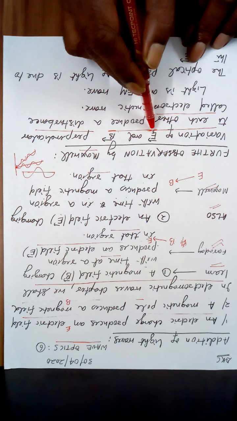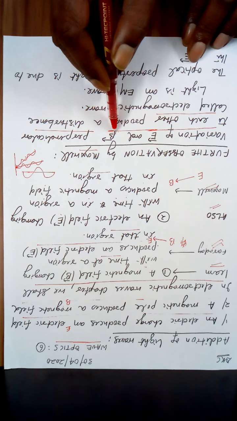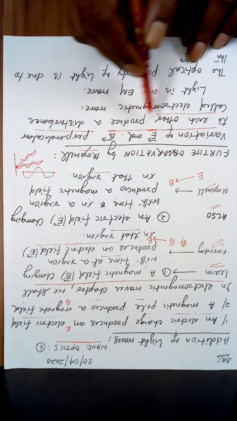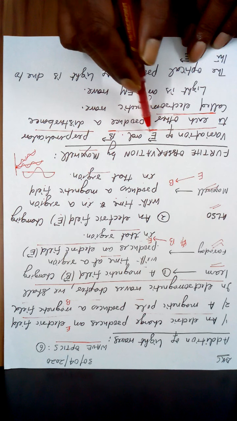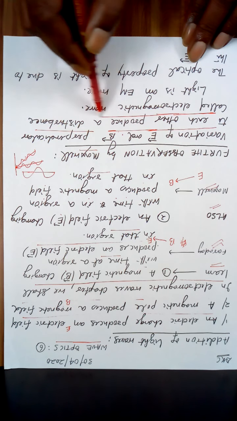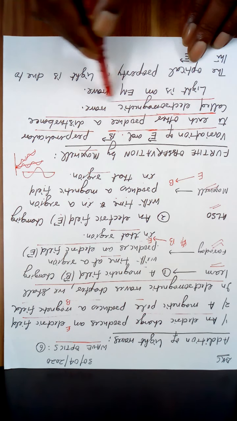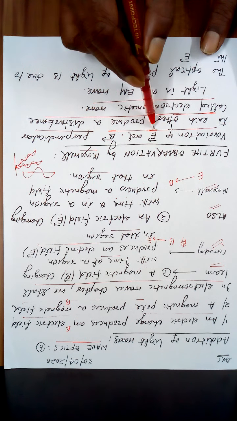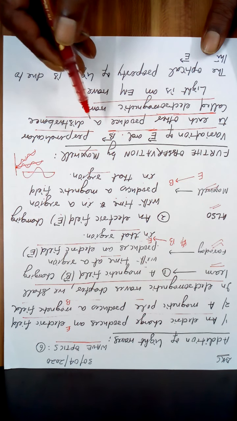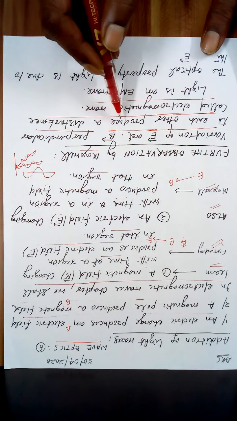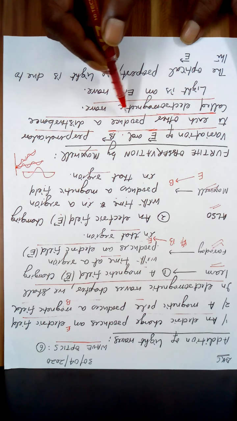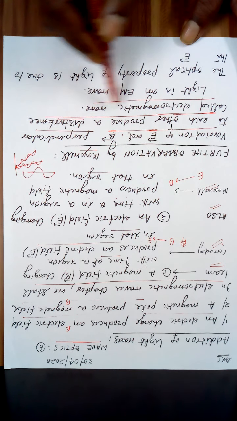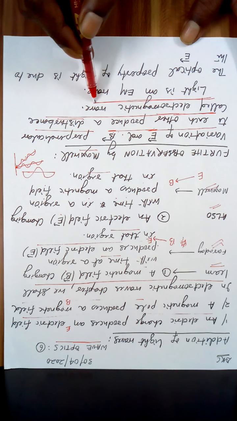If this is changing with time, and this is also changing with time, they produce a disturbance called an electromagnetic wave. Means if there is an electric field and a magnetic field, and both are perpendicular to each other and both are changing with respect to time, a disturbance is produced. That disturbance is called an electromagnetic wave.